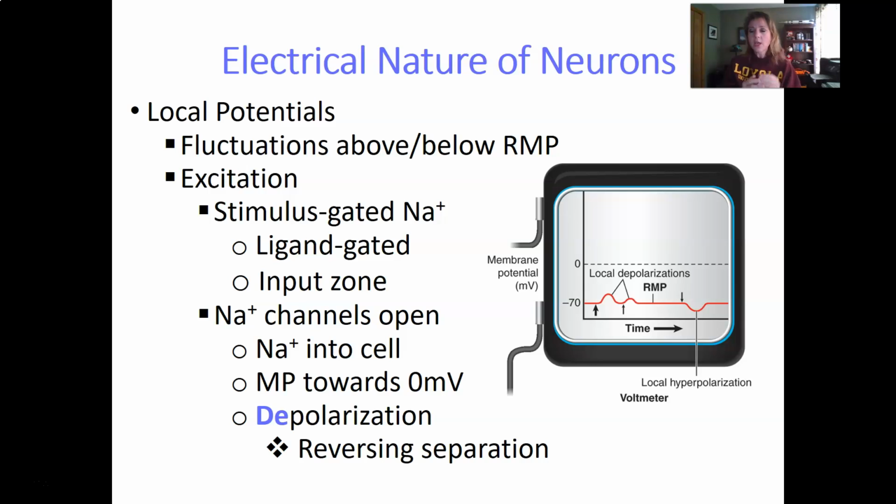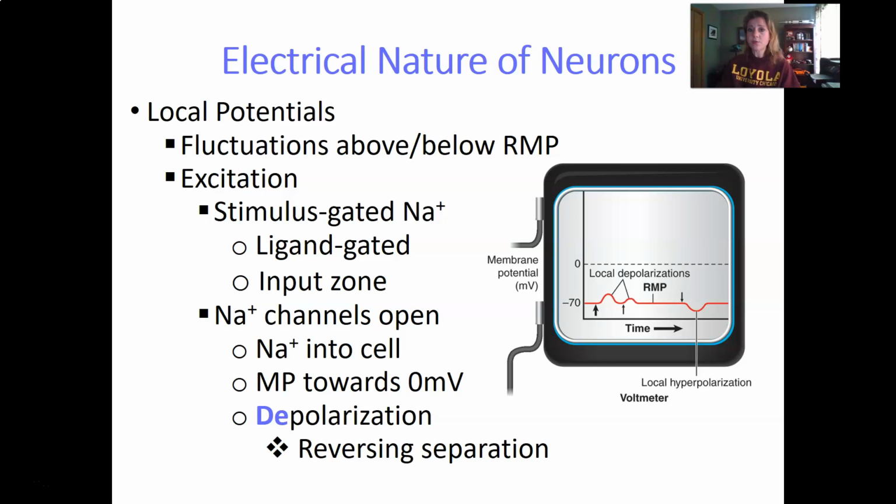You have multiple stimulus-gated sodium channels in the input zone of the neuron, so where the dendrites are and where the dendrites meet up with the cell body, because that's where the neuron is going to accept or receive stimuli from other neurons that live around it.